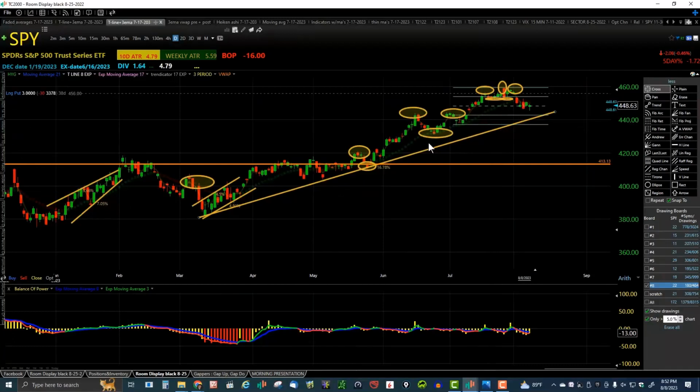That would be your minor support. Now this becomes the new minor support. After bouncing off minor support, it heads back up to major resistance up here, comes back down, tests the minor support right here, and then moves up higher. As long as we keep bouncing higher off of minor support, we're going to remain bullish. Does that make sense, people?